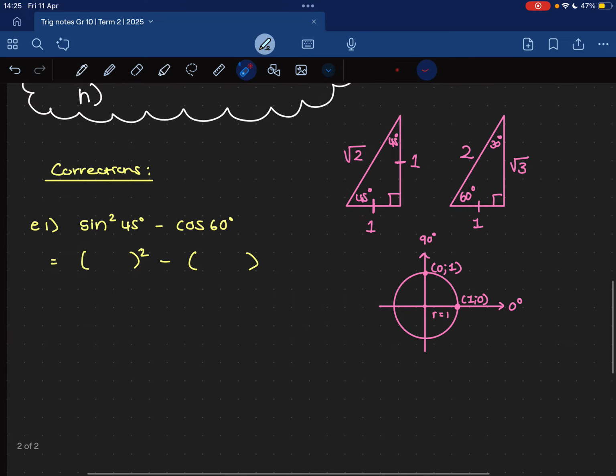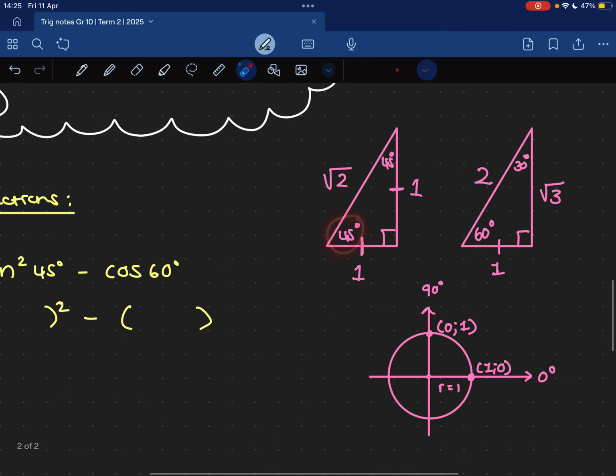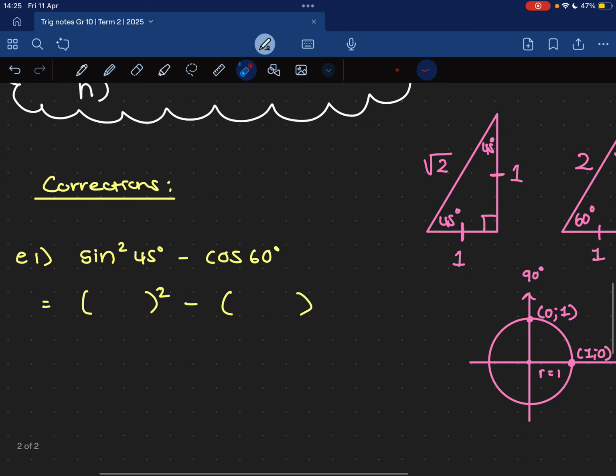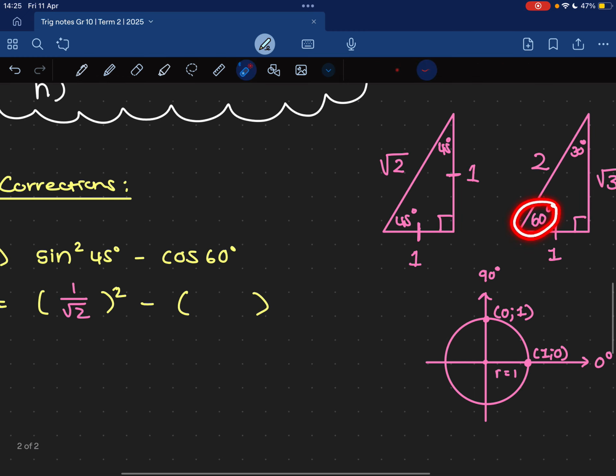So we go to where 45 degrees is. 45 degrees is here. Sine is opposite, which is 1, over hypotenuse, which is the root of 2. So I have 1 over the root of 2. Then cos of 60, 60 is here. So cos is adjacent, which is 1 over hypotenuse, which is 2.